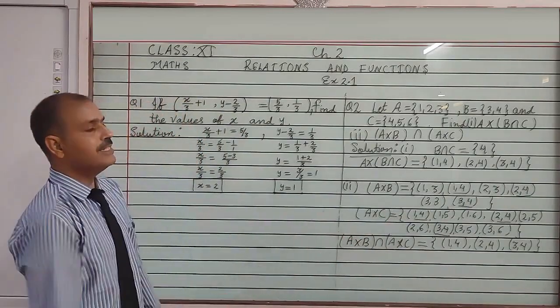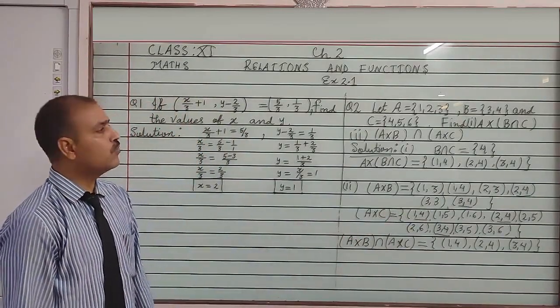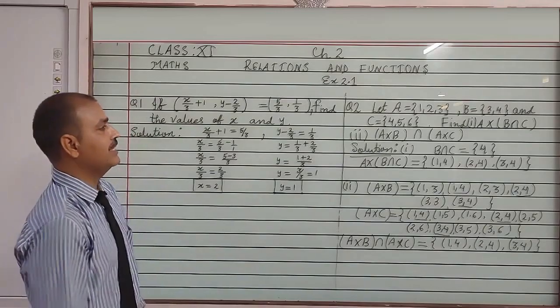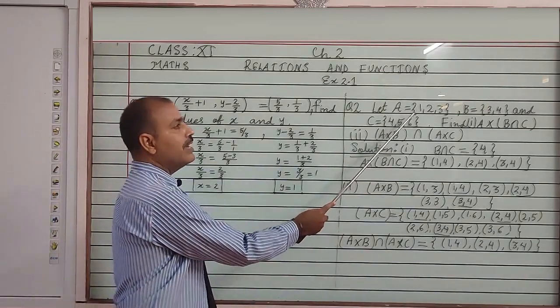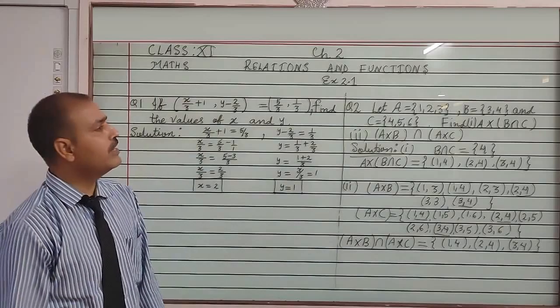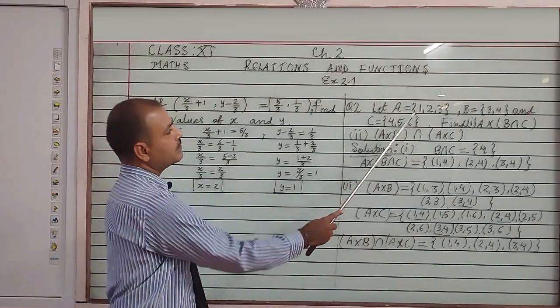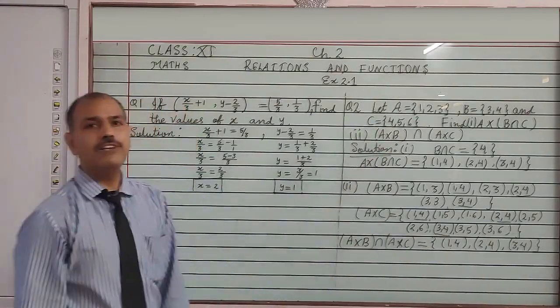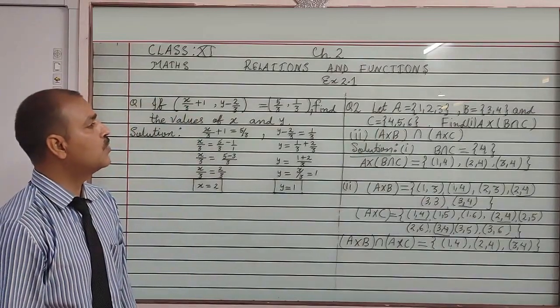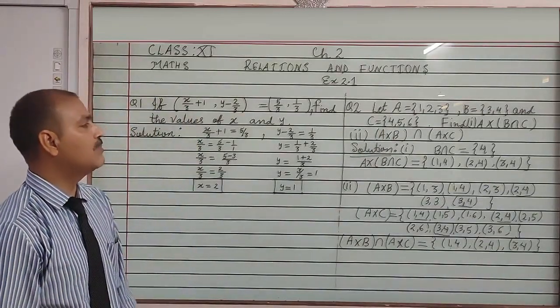Now, what is the Cartesian product of A and C? Here the value of A is {1, 2, 3} and the value of C is {4, 5, 6}.